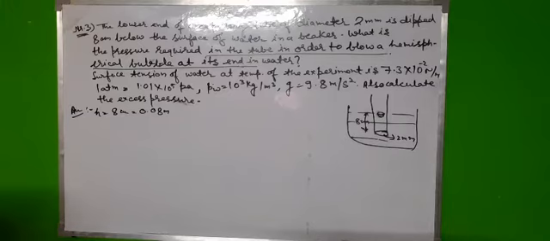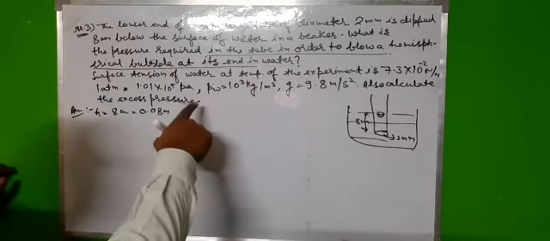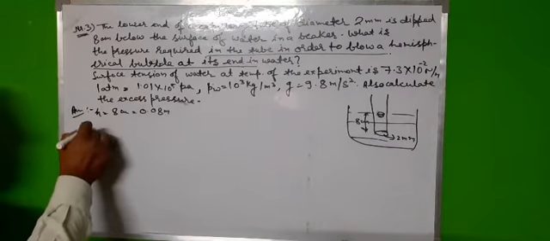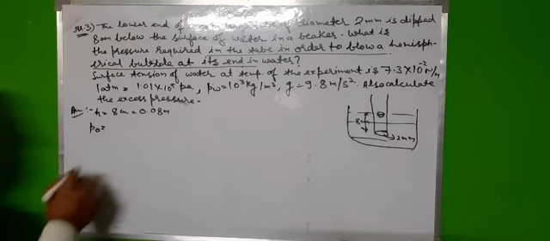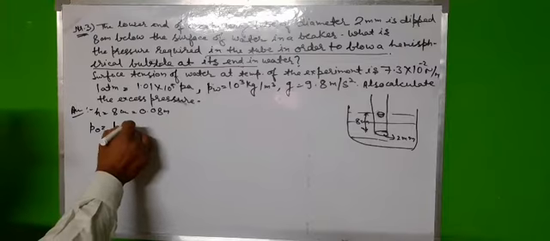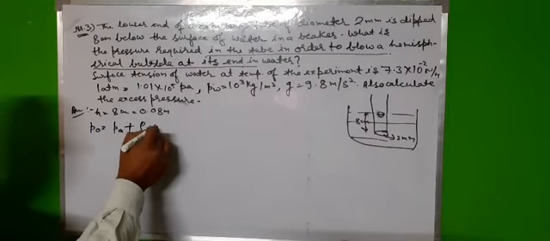Density rho is given as 10 to the power 3 kg per meter cube, and G is 9.8 meter per second square. So we have to find out the external pressure, outside pressure, that is equal to atmospheric pressure plus rho WGH.